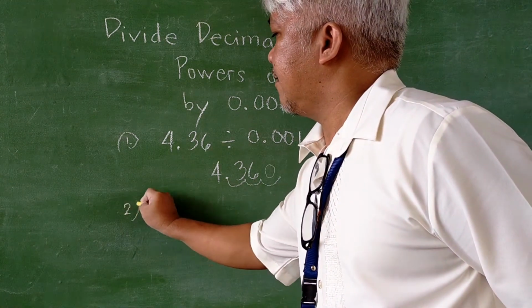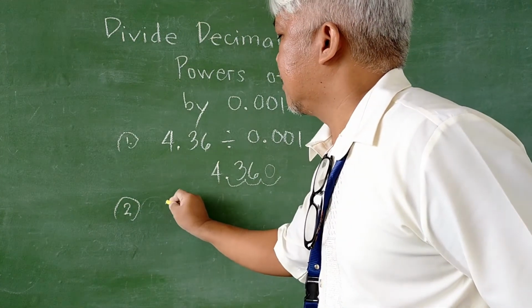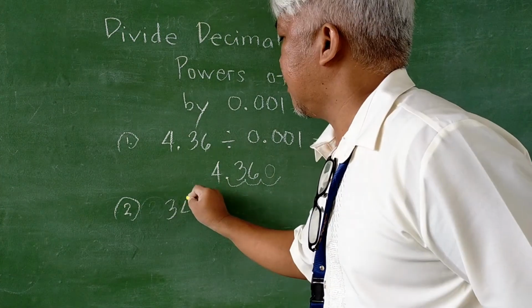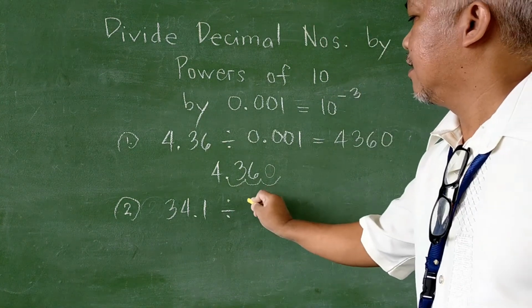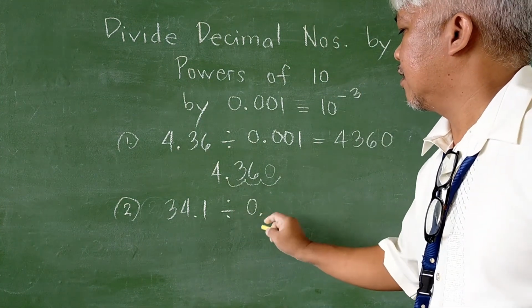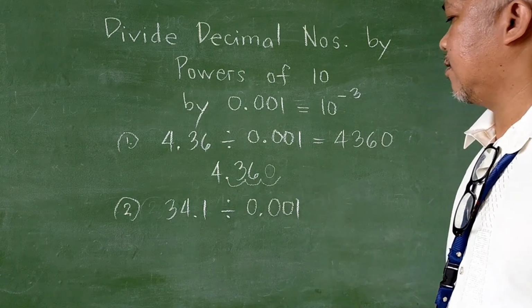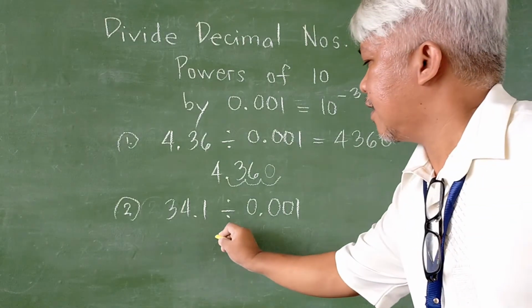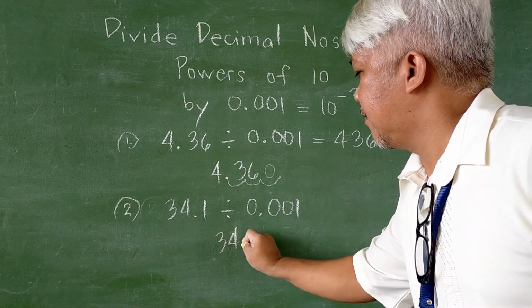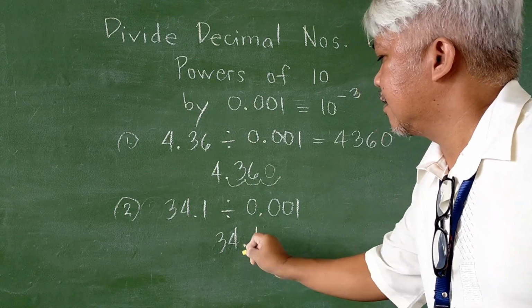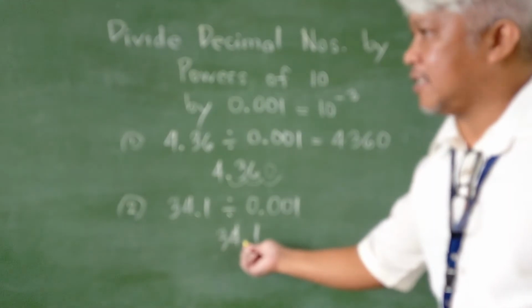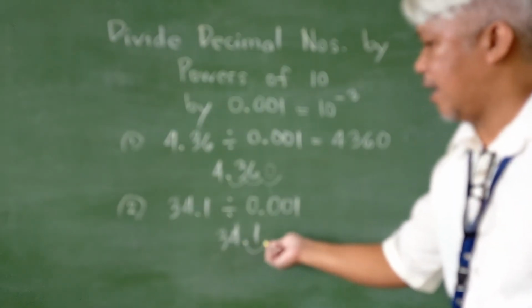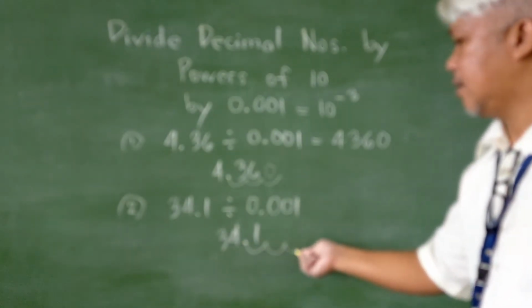Another example, let's say 34.1 divided by 0.001. Again, copy 34.1. Okay? Move this decimal point 3 places to the right. 1, 2, 3.